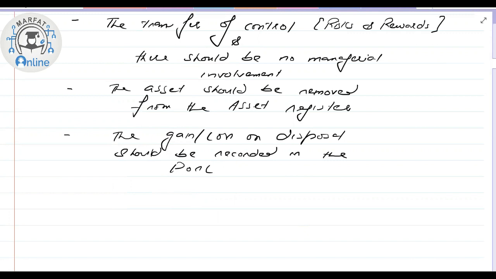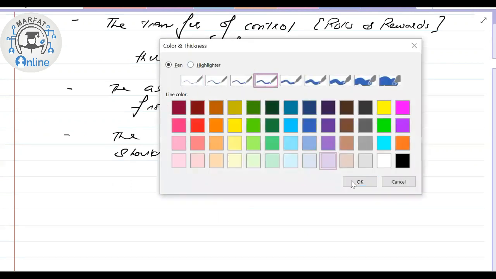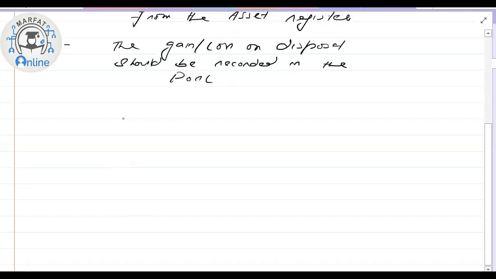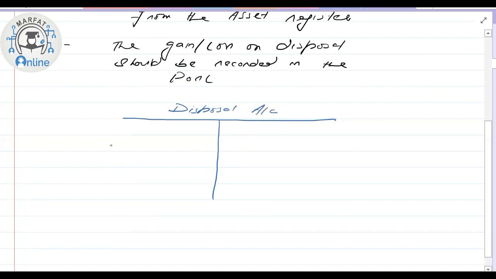Now, whenever the entity is selling the asset, they will be making a disposal account. And you have studied this thing so many times in your accounting paper. We'll just discuss it again. Disposal account. So, asset, accumulated depreciation because it will be de-recognized.